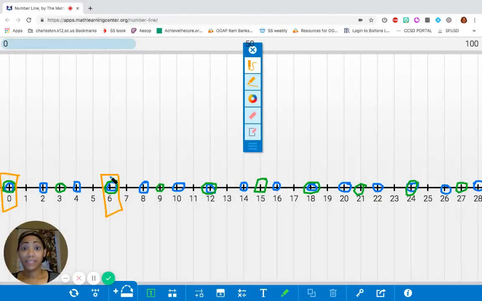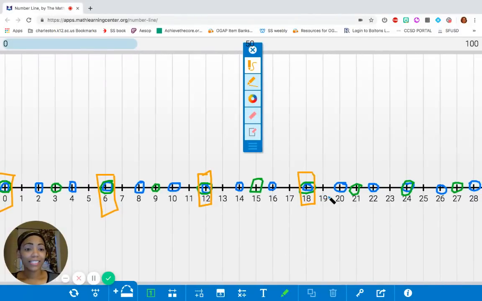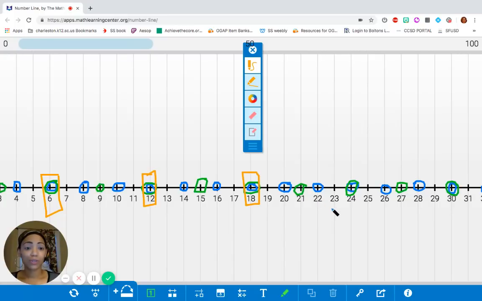Starting at 6. 6, 12, 18, 24. How many multiples have we recognized so far?